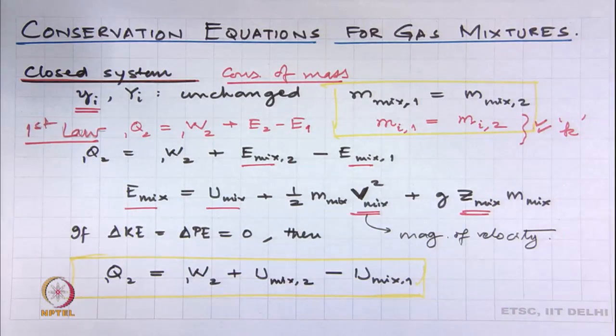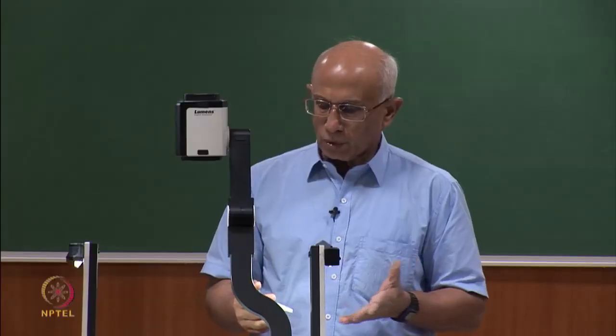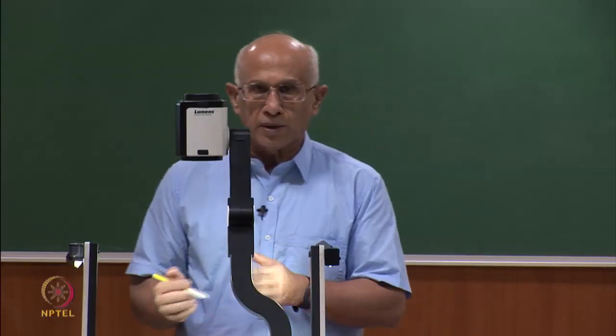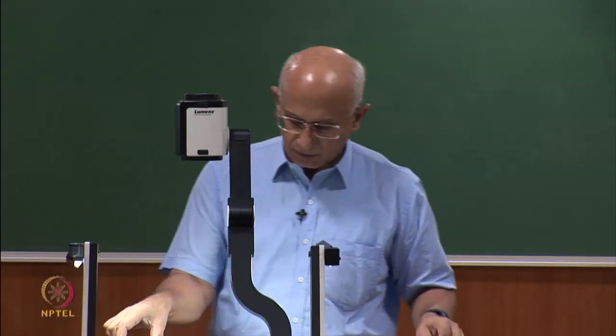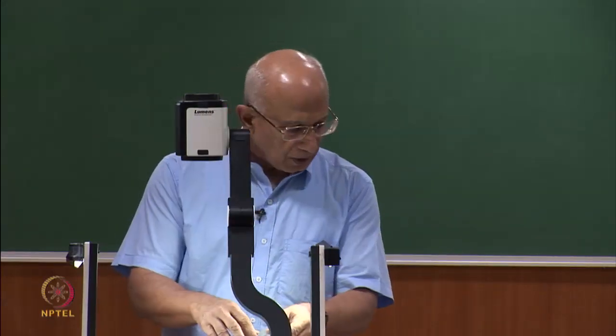So, in solving a problem, this is exactly what we wanted: how do I evaluate the internal energy of the mixture, and we just saw how this can be connected to the mass and molar fractions and the component internal energies. So, that is the closed system.